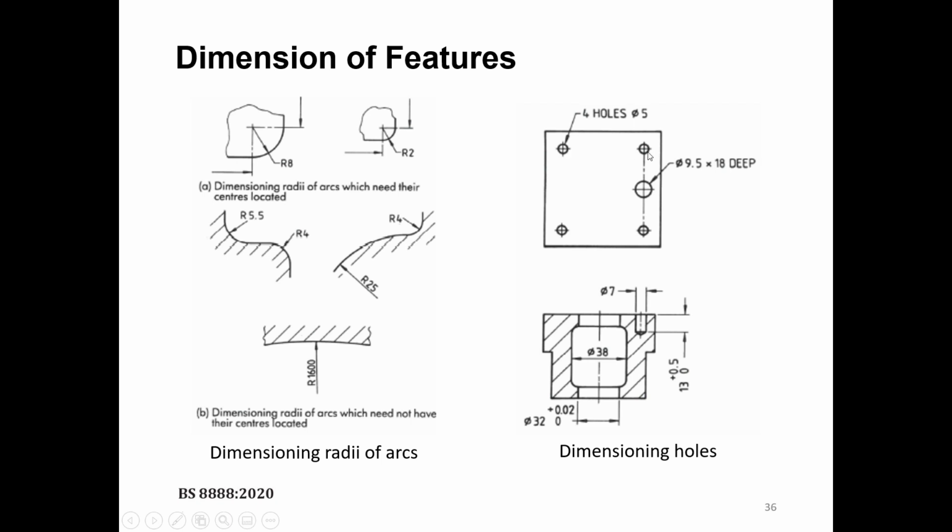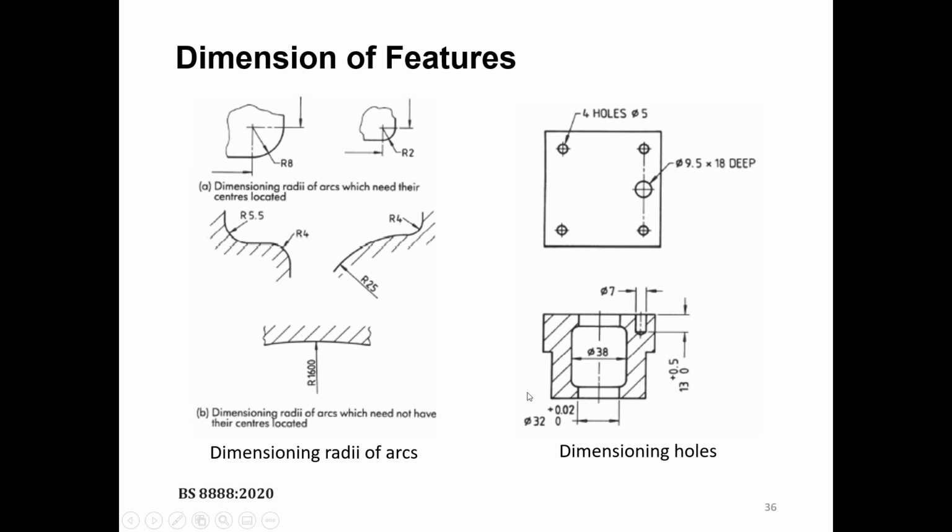It shows that these 4 holes are identical, they all have the same diameter. For example, this leader line here shows that the diameter of this hole is 9.5, and it is 18 millimeter deep. So the depth of this hole is 18 mil.